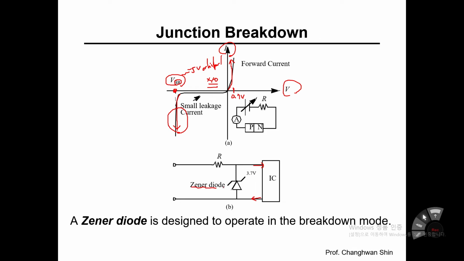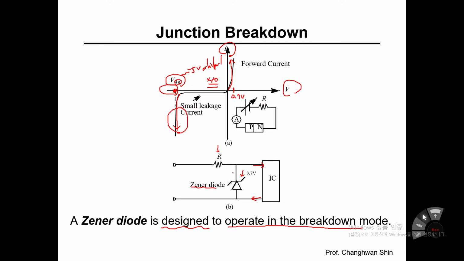So simply with one resistor and one Zener diode. Here, instead of a diode, we're calling it a Zener diode. That means the Zener diode has been designed originally on purpose to operate in the breakdown mode. Again, the Zener diode is originally designed to work in the breakdown region. So this Zener diode can work in this regime.